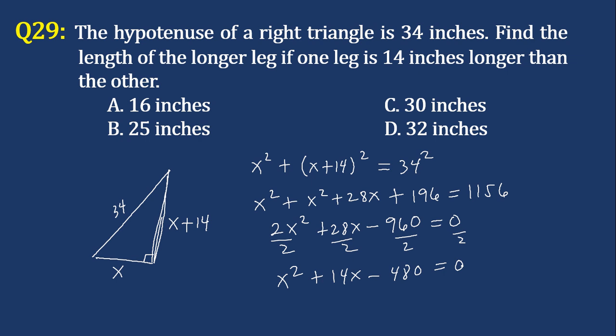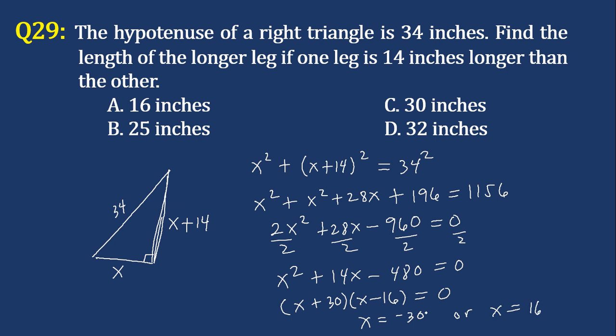However, this one is actually factorable. It's equivalent to x plus 30 times x minus 16 equals 0. You can easily verify that, which means that x equals negative 30 or x equals 16.